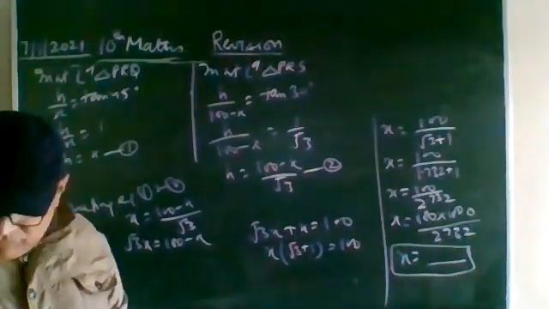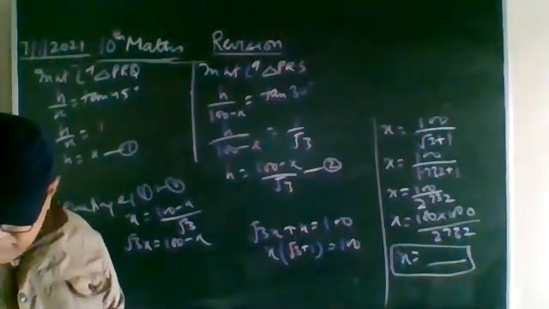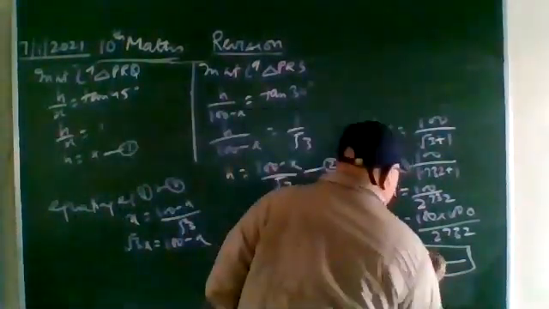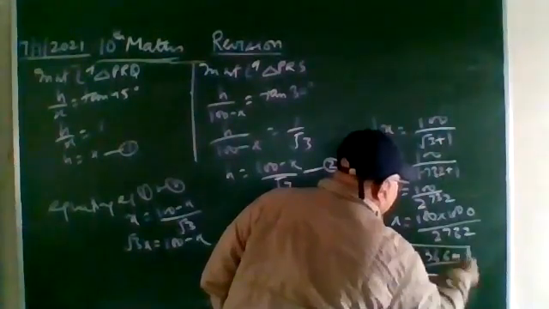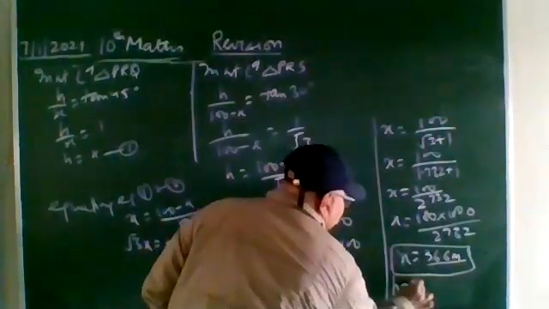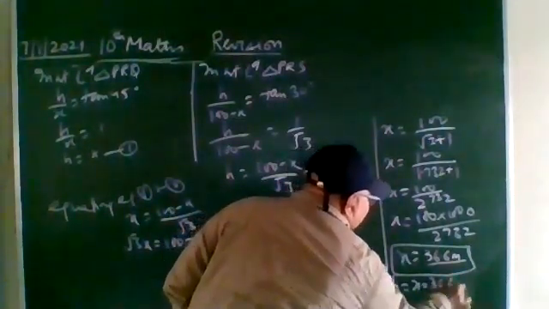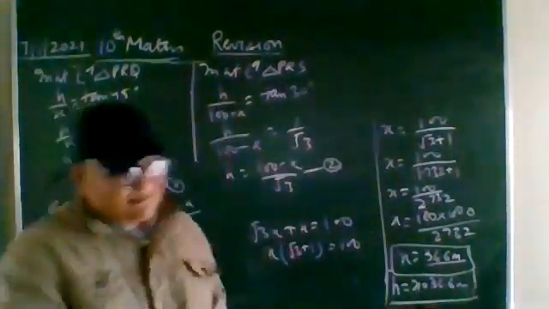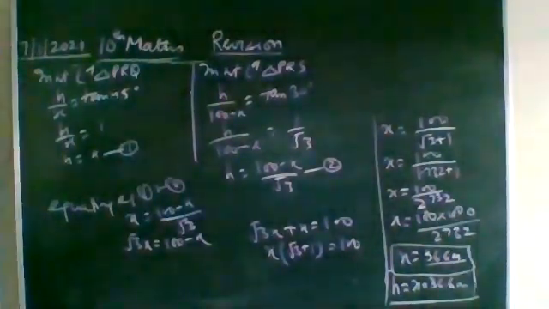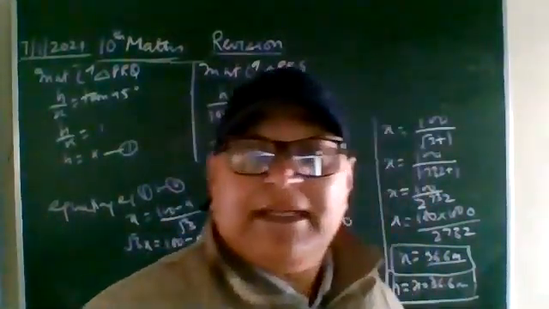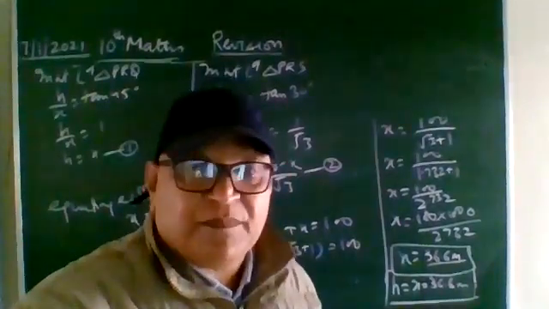So 36.6 meter is the value of X. Now H is what, H equals X, that is 36.6 meter. This is what you have to do. So one question of height and distance will be there in the exam.